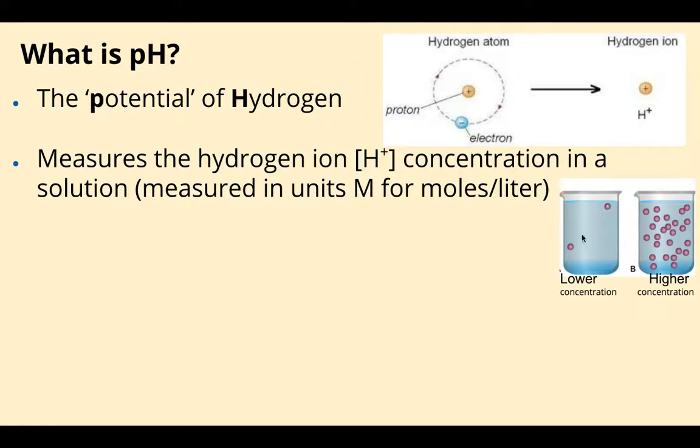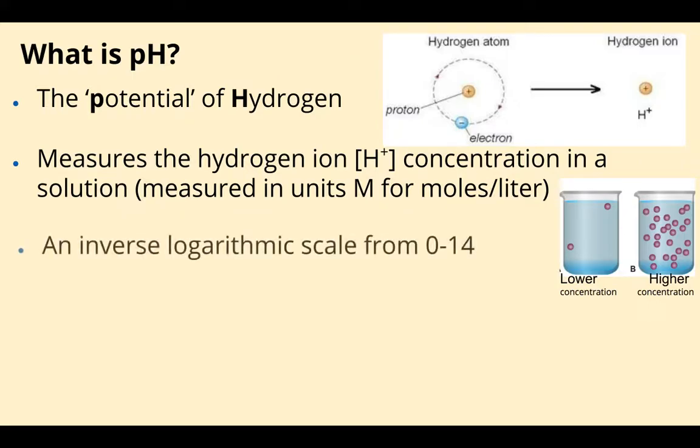So if we're talking about hydrogen ions, here there's only 2 in the beaker. So that's a lower concentration than over here, much higher. And the unit for this is a capital M for molarity. It represents moles per liter. How many moles of hydrogen are dissolved in a whole liter of water?